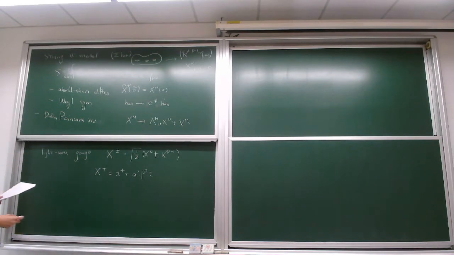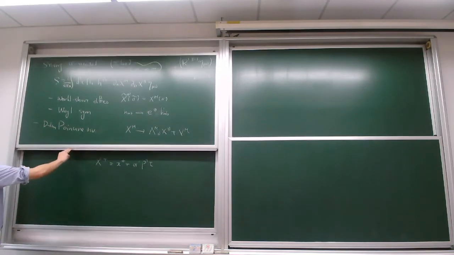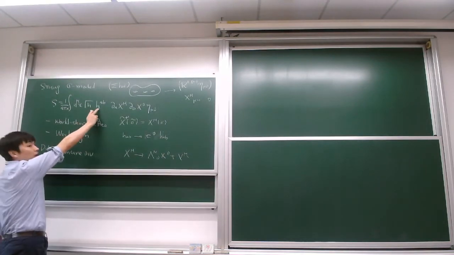When we quantize this, also the one I missed is that you can treat this h_ab as a dynamical variable.